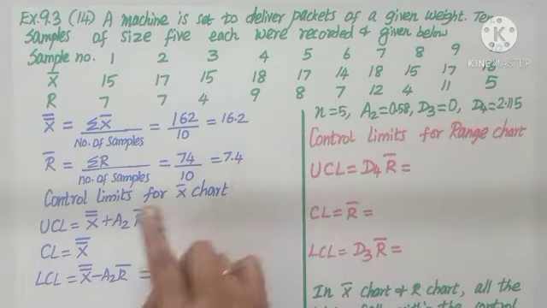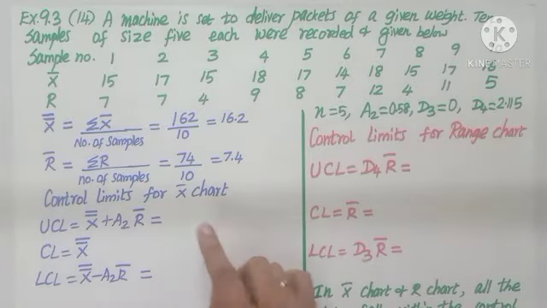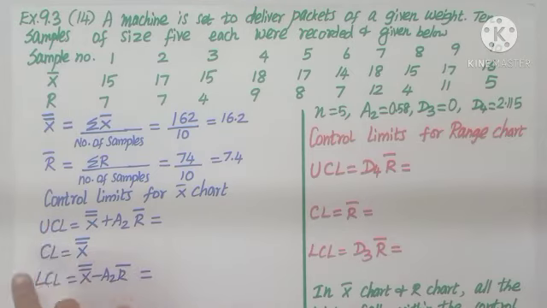What is the control limit for the X bar chart? We have to find UCL, CL and LCL. Remember the formula. UCL is x double bar plus A2 R bar. LCL is x double bar minus A2 R bar. And CL is only x double bar.